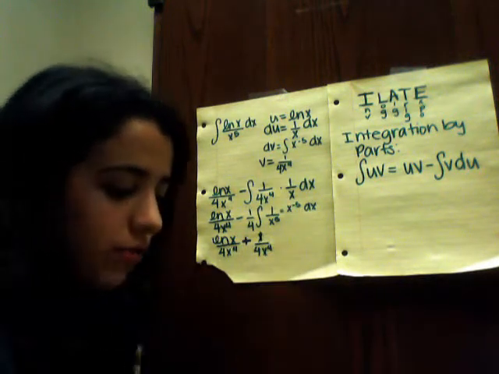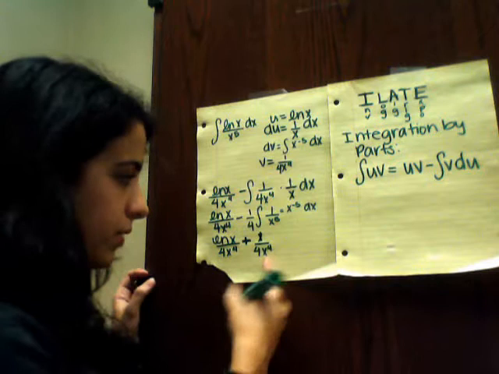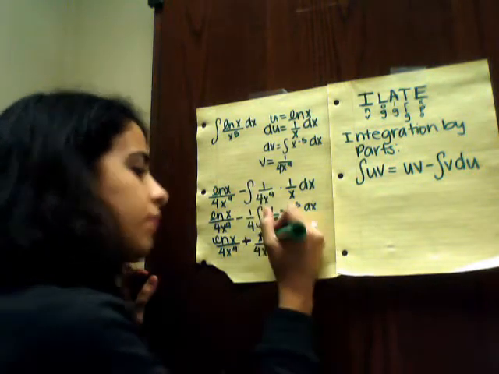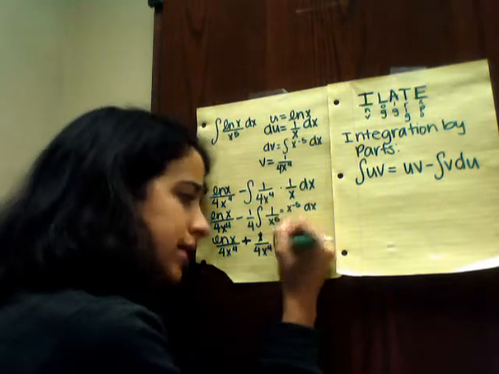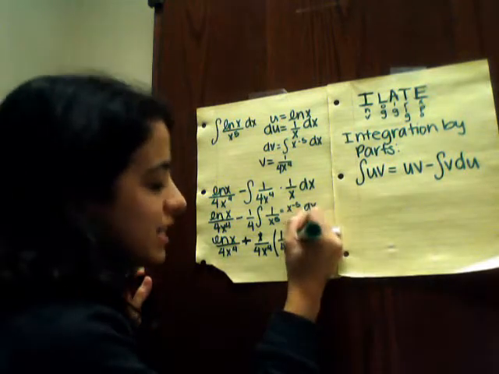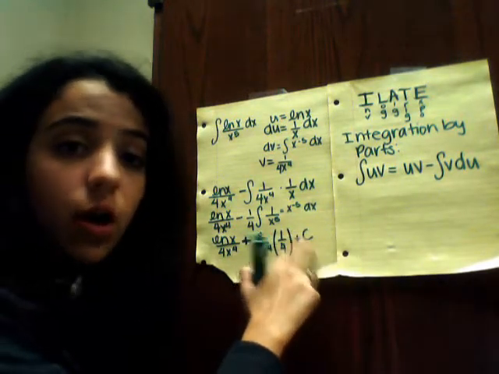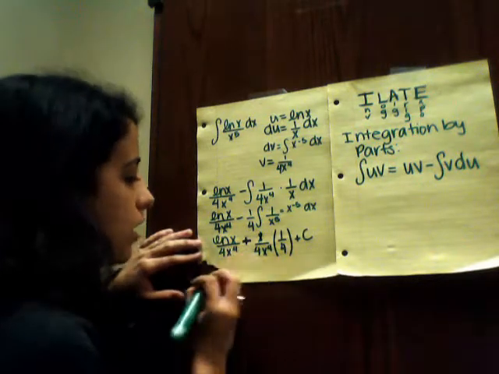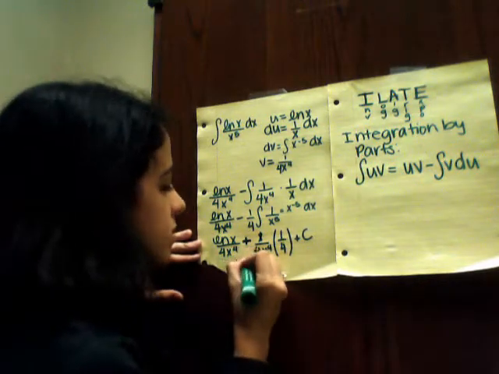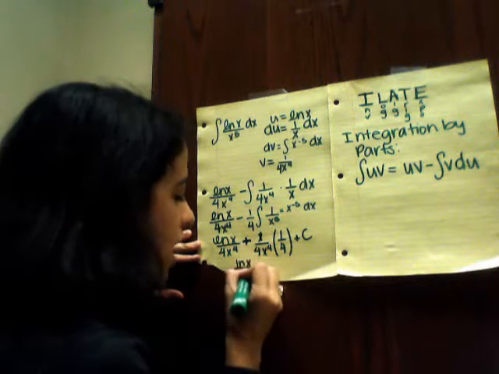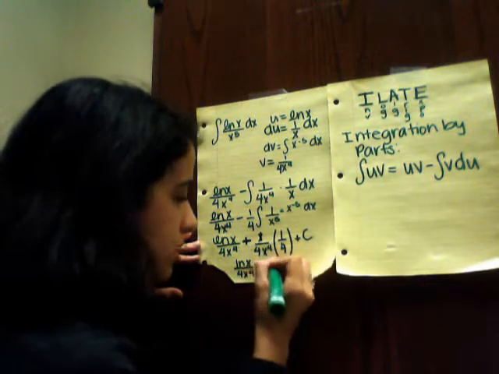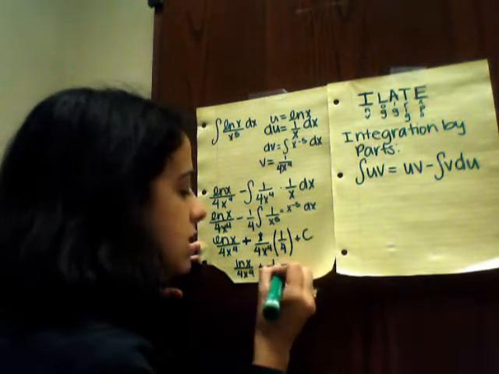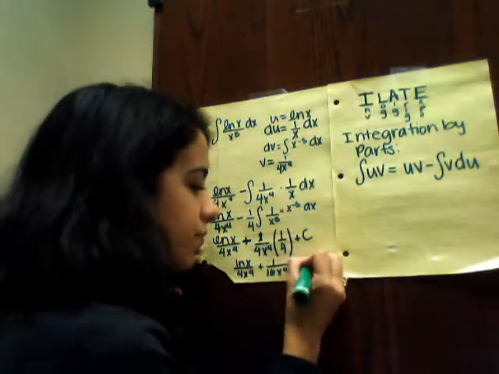In order for us to solve for the integral, we're going to be left with this times the 1/4 that we already had from before, times 1/4, and C, which is going to be our constant that we always need to include when we are integrating. So our final answer is going to be negative ln x over 4x to the 4th minus 1 over 16x to the 4th plus C.